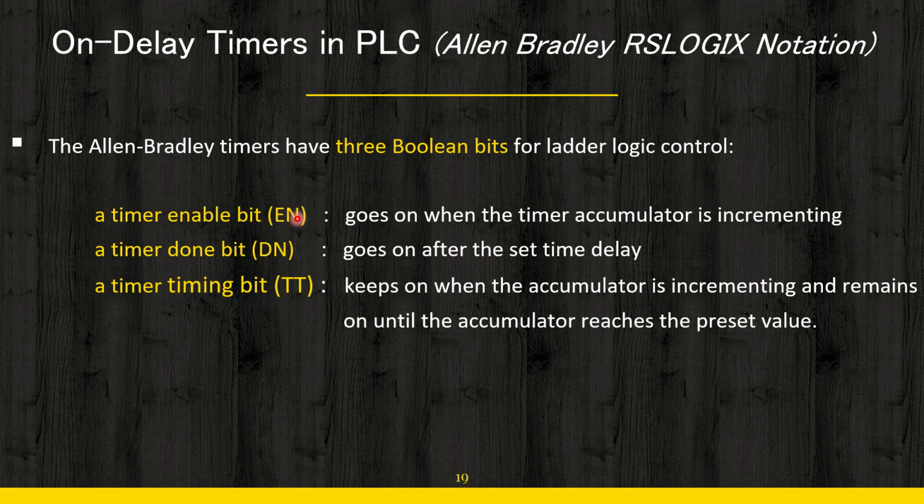The timing bit will remain high when the accumulator is incrementing. When the accumulator stops incrementing, it will come low. The done bit will go high after the set time delay is over, and it will remain high till the input is present at the timer input.